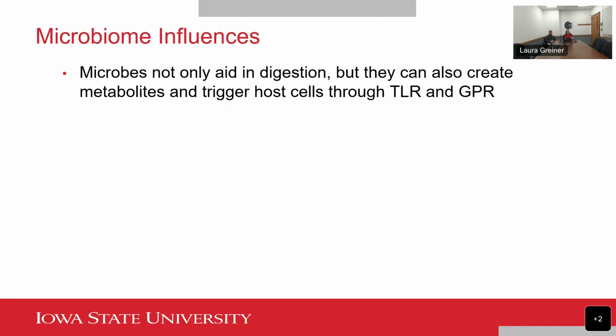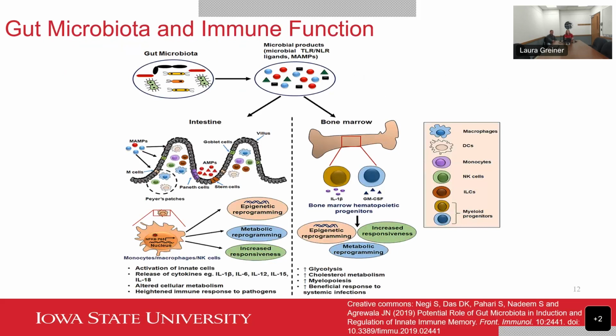So we call them toll-like receptors or GPRs. And again, this gets very complicated, so we're not going to spend a large amount of time on it, but these metabolites can, to your left, influence the intestinal epithelial itself and what happens at the intestinal level. So it can change metabolic programming, it can increase immune activation and do some of those types of functions.